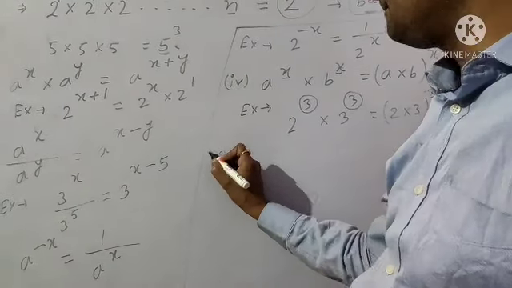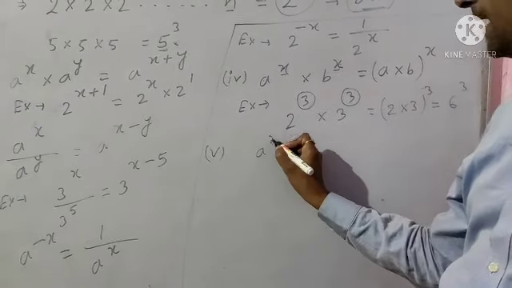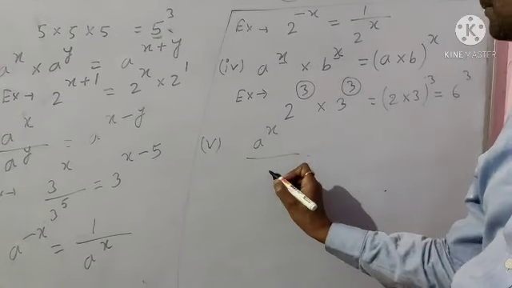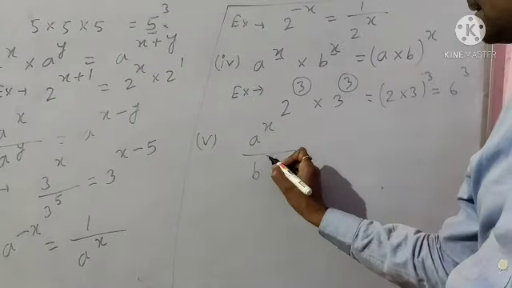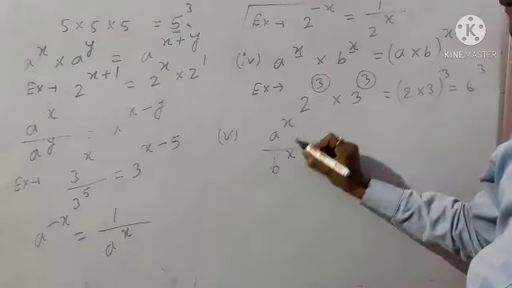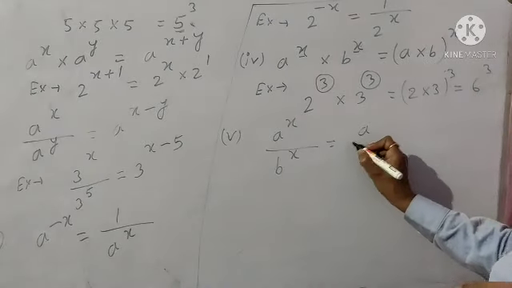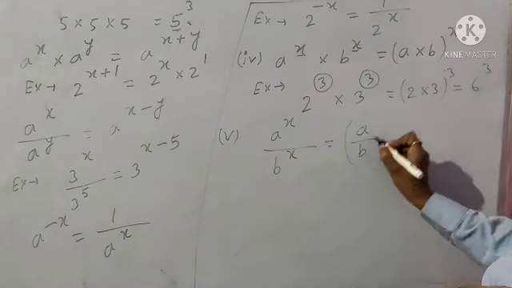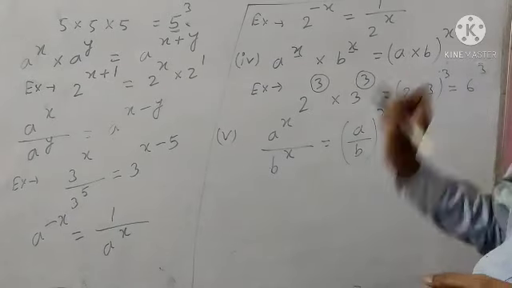Property number 5, a to the power x divided by b to the power x. Again, look here, student, a and b are different but the power is the same. Then we can write here a by b, the whole power is x.